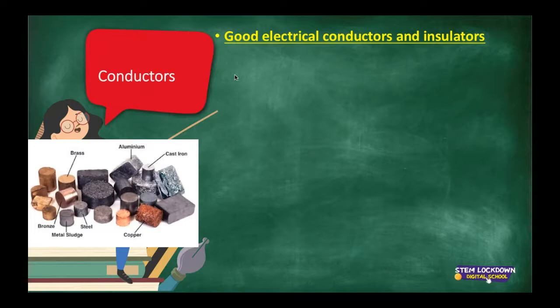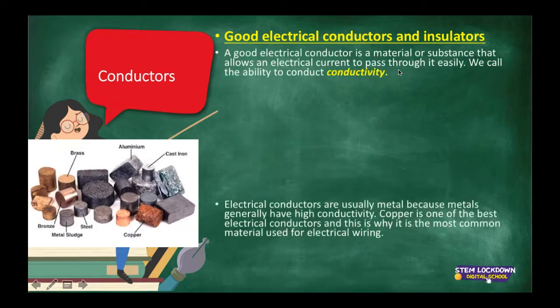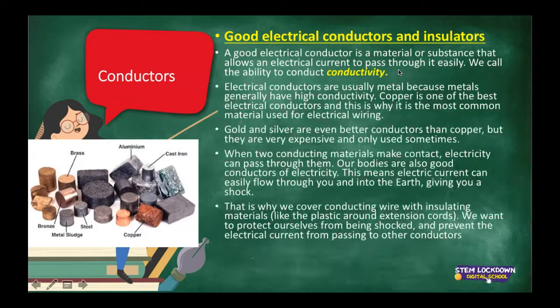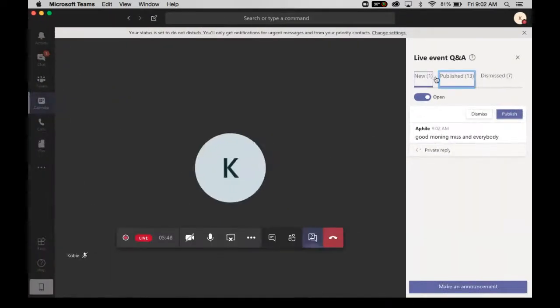Now, do any of you still remember what are examples of conductors? Or can any of you please give me an example of conductors and also an example of insulators? So in your Q&A, just write conductor and give me the list, and write insulator and give me the list. Just a quick recap from yesterday.